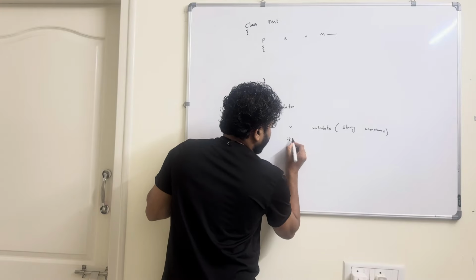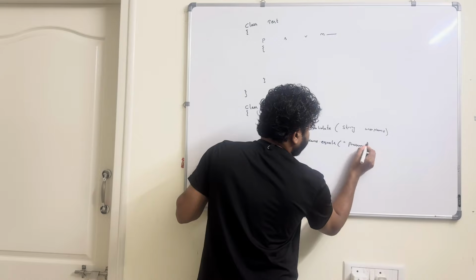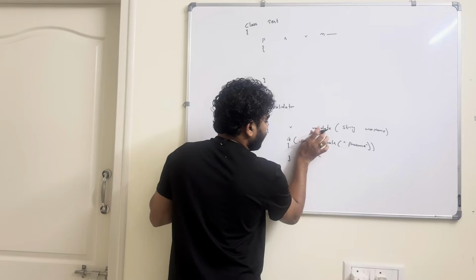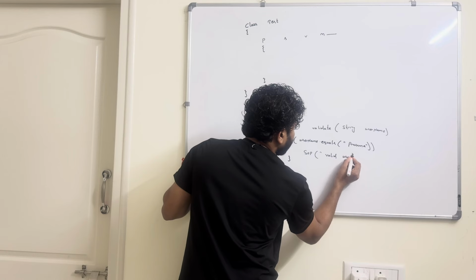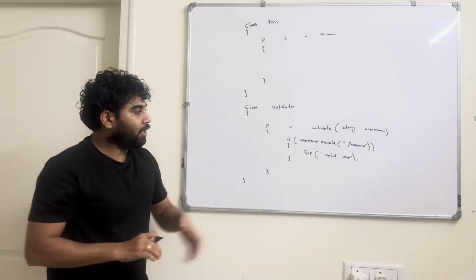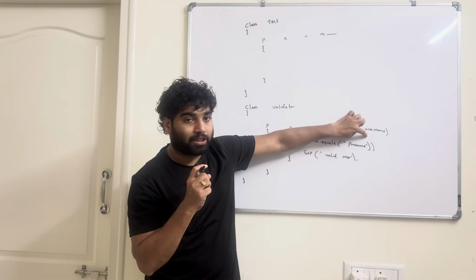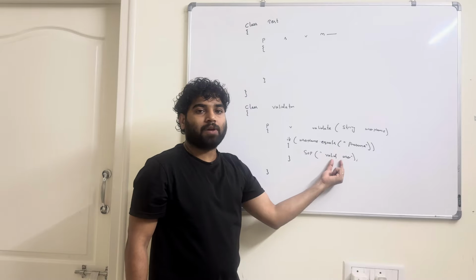If username.equals("Prasanna"), then System.out.println("valid user"). If this username, whatever comes in as the method input parameter, is Prasanna, then it's a valid user.